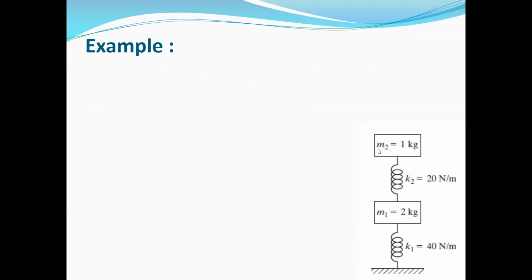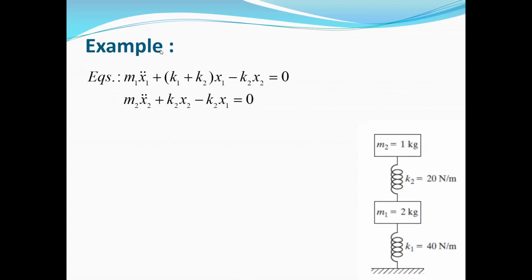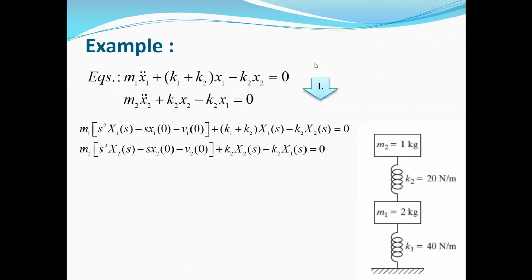To extract the equation of motion easily using Newton's second law, you can write the equation of motion for this system, and you can find the Laplace transform of these equations. As you can see, this time, because the initial conditions are not zero, in the previous example these initial conditions were zero, so we neglected all of these terms, and easily we wrote, instead of x1 double dot in Laplace domain, s squared x1, or instead of x2 double dot, s squared x2.